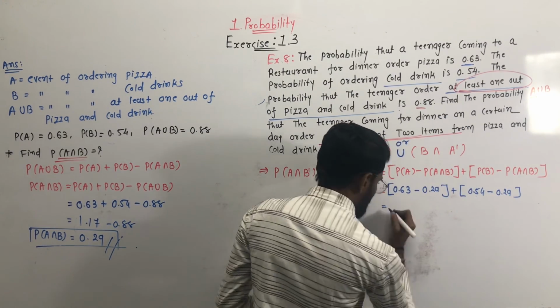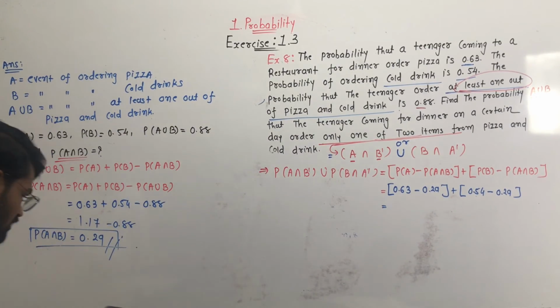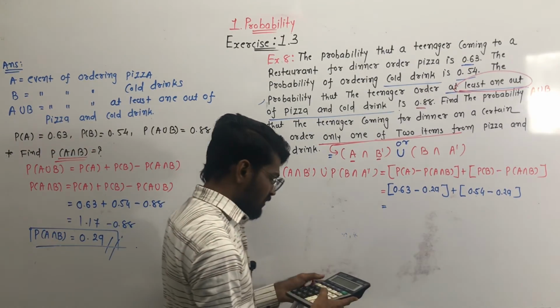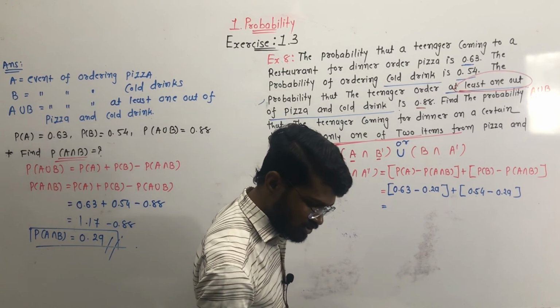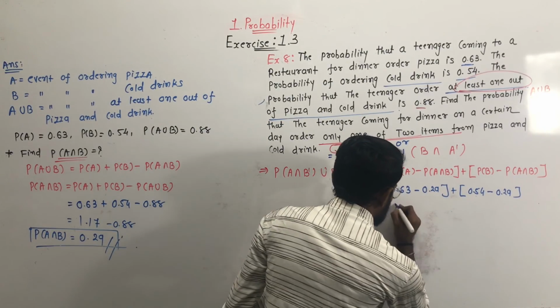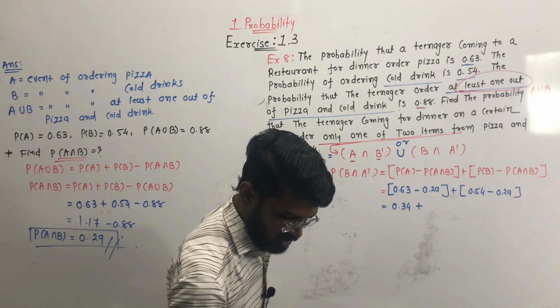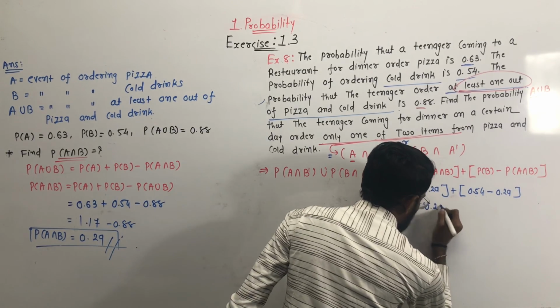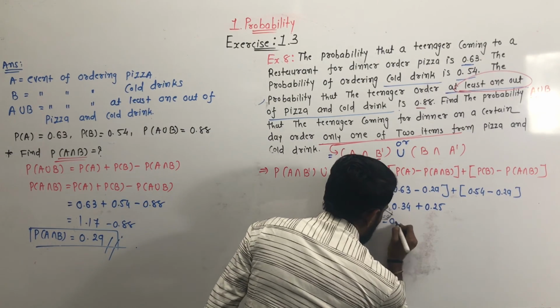So 0.63 minus 0.29 is equal to 0.34, and plus 0.54 minus 0.29 is equal to 0.25, and 0.34 plus 0.25 is equal to 0.59.